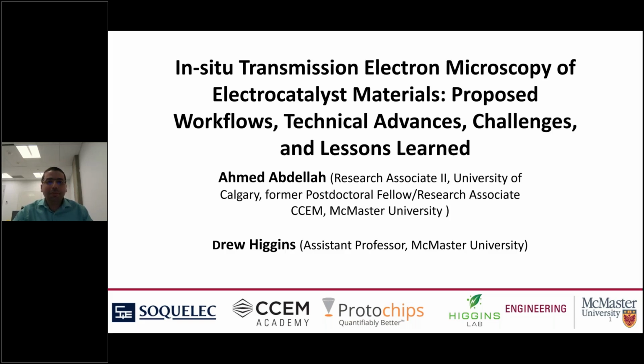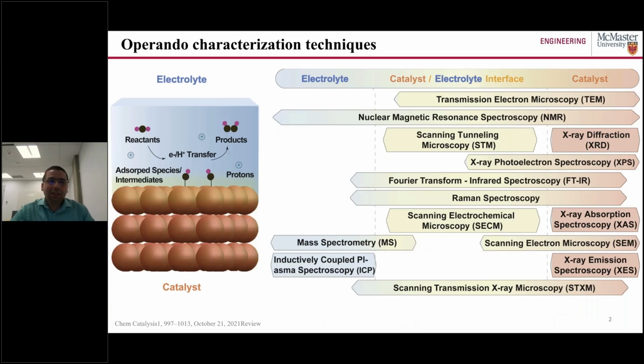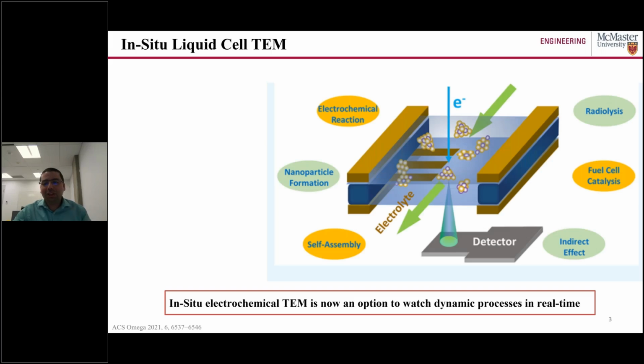First, there are a lot of operando characterization techniques for studying the catalyst-electrolyte interface. One of the promising techniques is transmission electron microscopy. As mentioned before, in situ electrochemical TEM is now an option to watch dynamic processes in real time.